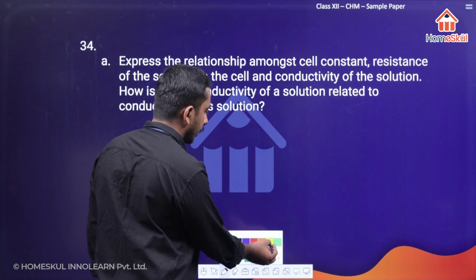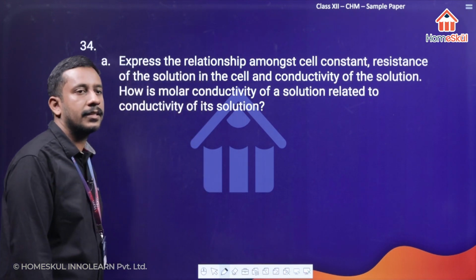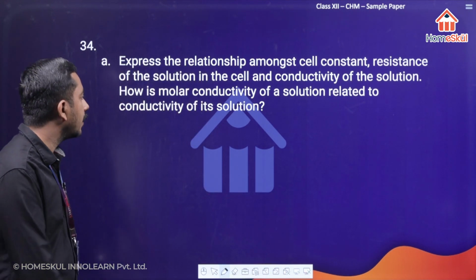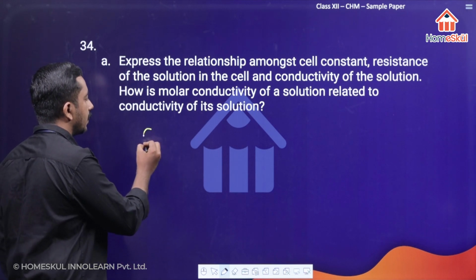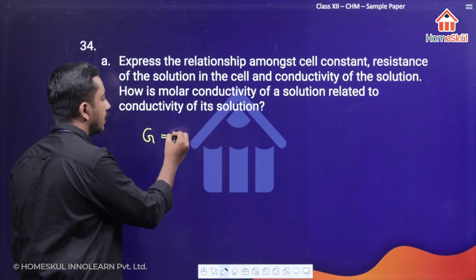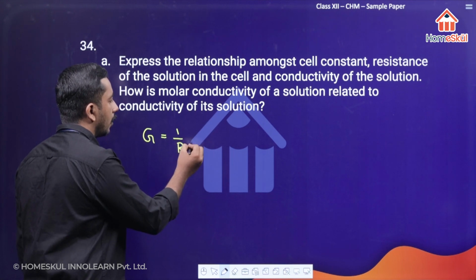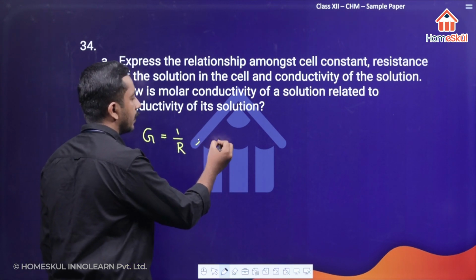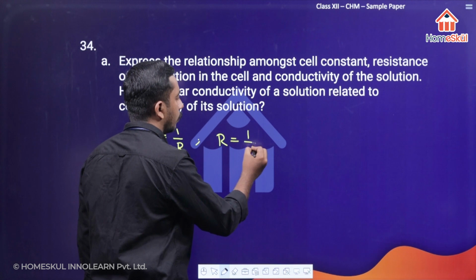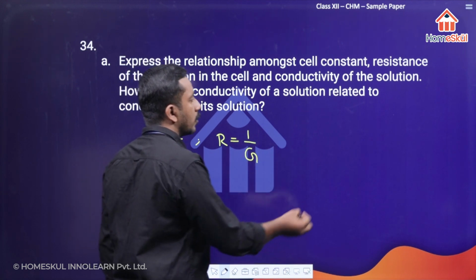So we have to start with the relationship between conductance and resistance. We know that conductance and resistance are inverses or reciprocals of each other. So we can write that conductance G is equal to 1 by R, or we can write R is equal to 1 by G. Now we know the equation of resistance.